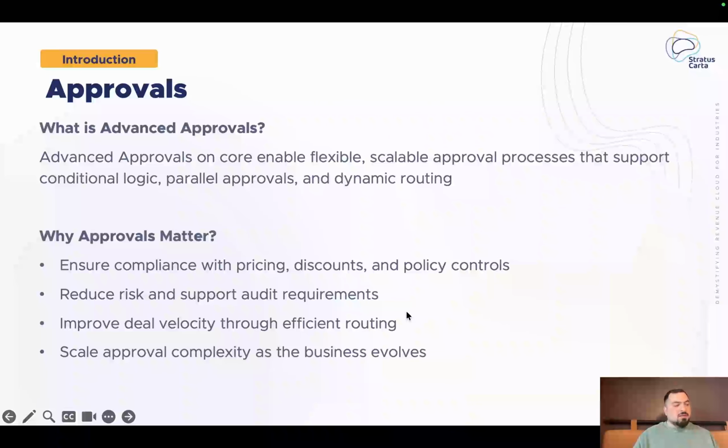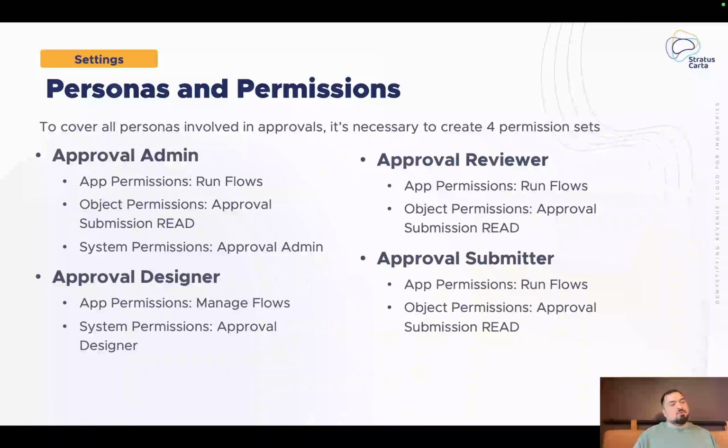Before we even build approvals, it's important for us to understand the roles and responsibilities and who's involved throughout the whole end-to-end cycle within approvals. This is where approvals typically fail, when responsibilities are blurred. So you have four main personas that should be involved within your approvals.